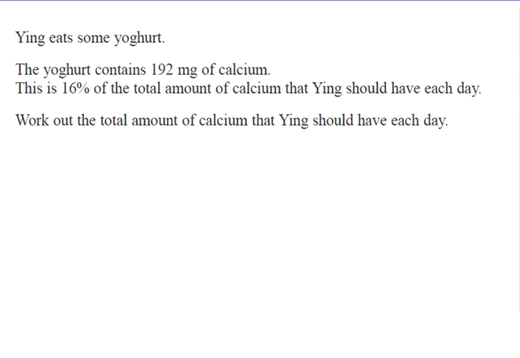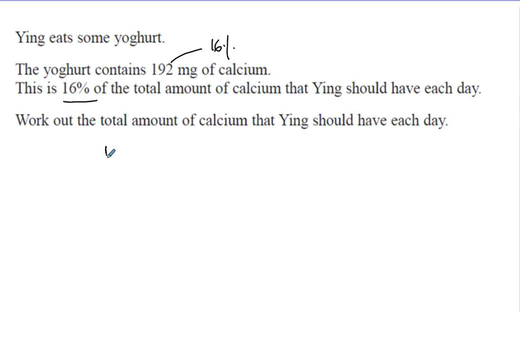Ying eats some yogurt. The yogurt contains 192 milligrams of calcium. This is 16% of the total amount that Ying should have each day. Yeah? So can you tell that is the 16%? Yeah, because she's actually taking only 16% of the total amount that she should have.